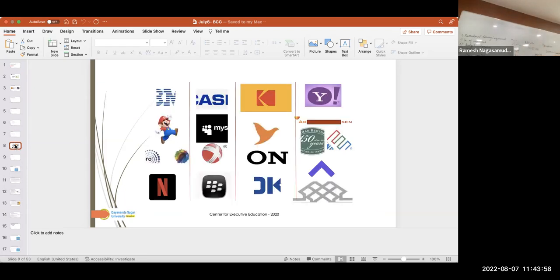How many of you know these companies, and which companies don't you know? Go by the list. IBM, okay. Casio, Wipro, Kodak, okay. Netflix, Casio, Nintendo, Wipro. What is next to Nintendo? To the right of Nintendo?